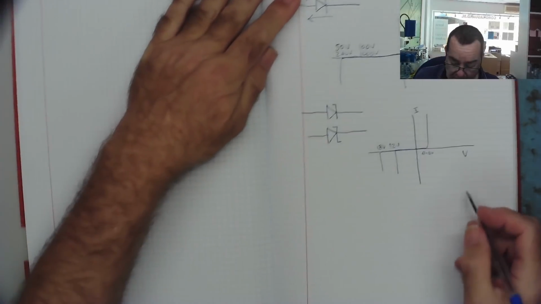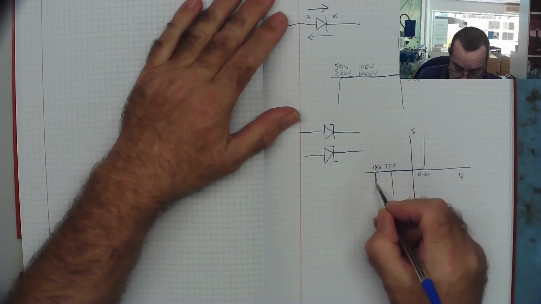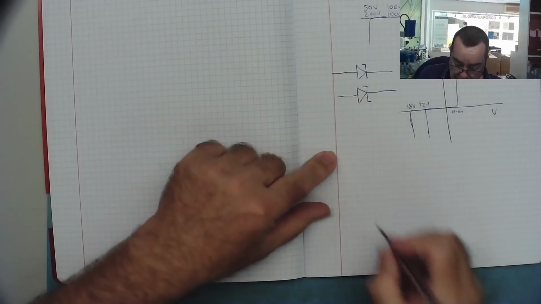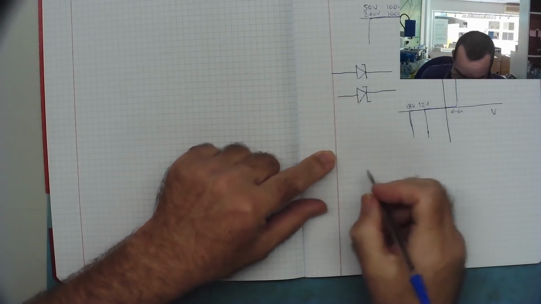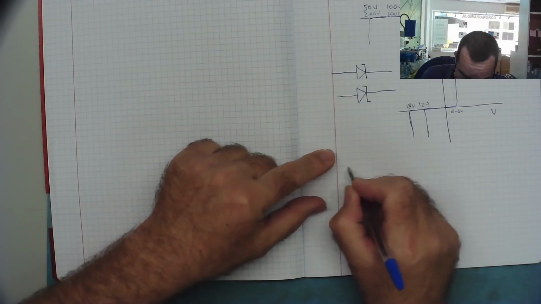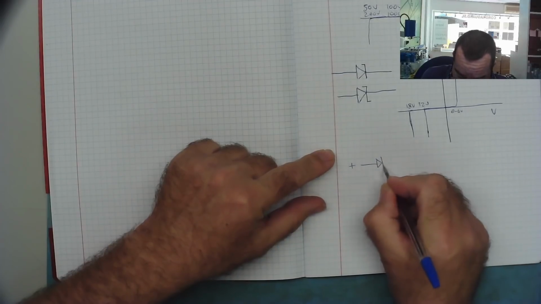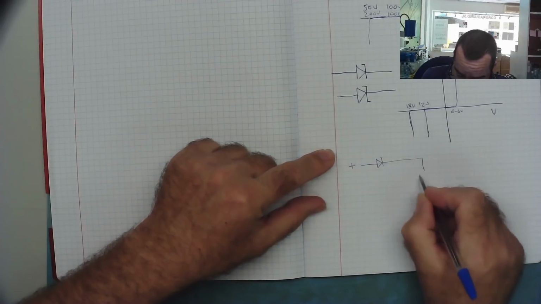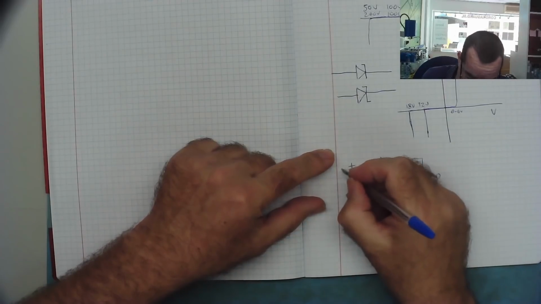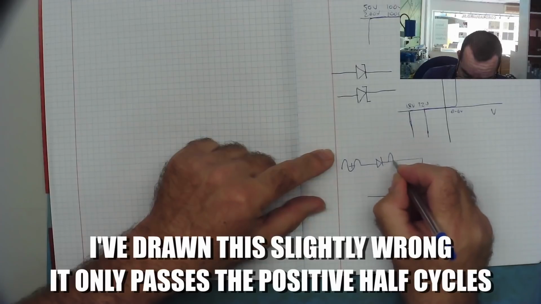So, with the Zener diode in the circuit, it's actually this that we're using it for, the fact it will break down at a certain voltage. Whereas with a normal diode, a rectifier, you will have a positive supply passing through the diode into a load, something like this, or AC most likely coming in, so it only passes the positive half cycles, and here you get the positive halves.